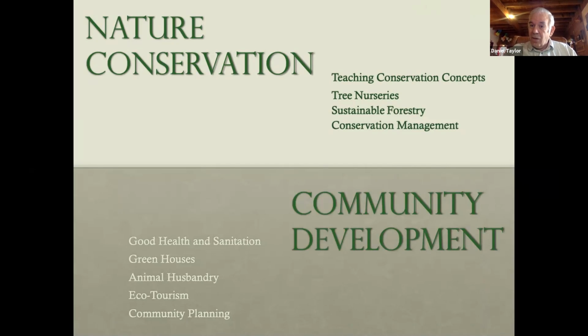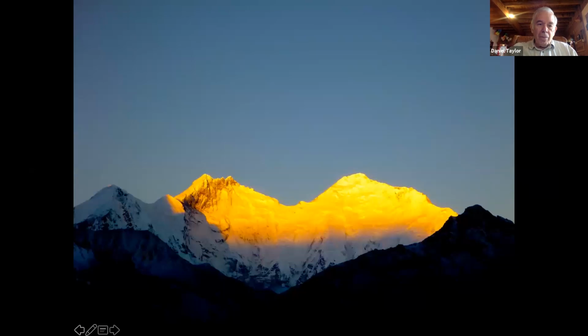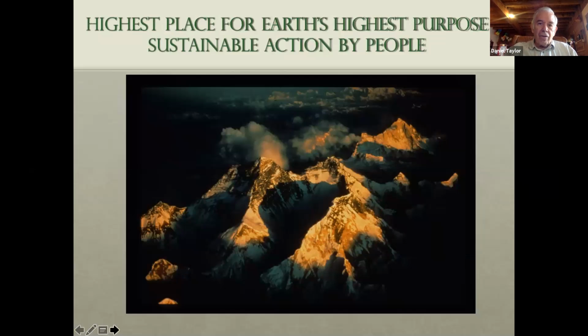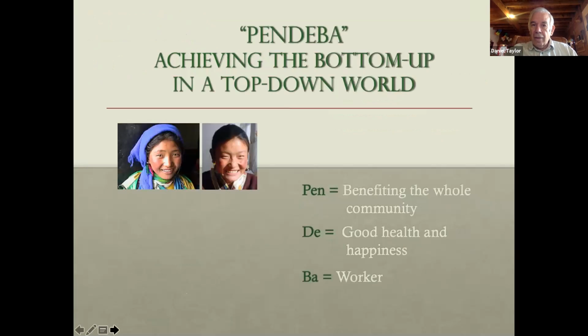We're going to put nature conservation together with community development. And on the community development side, we're going to teach good health, greenhouses, animal husbandry, ecotourism. That means people are going to learn. And we're going to teach nature conservation, trees, sustainable forestry, and conservation management.